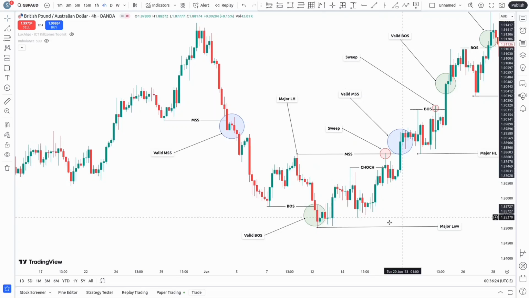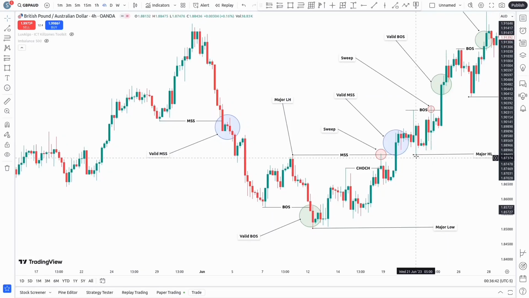This becomes our major low. This low must be taken before we can say we are in a major downtrend again. So from here, market forms another high here. As it forms another high, it breaks structure to this point.